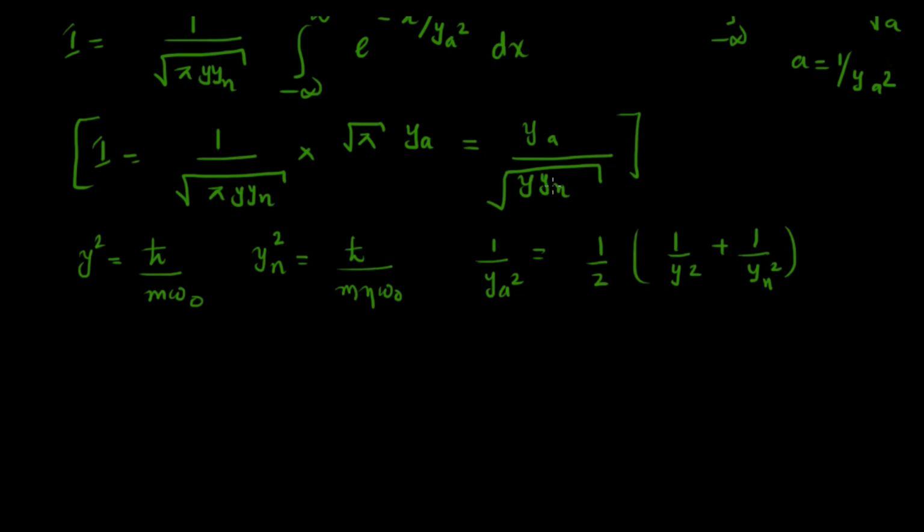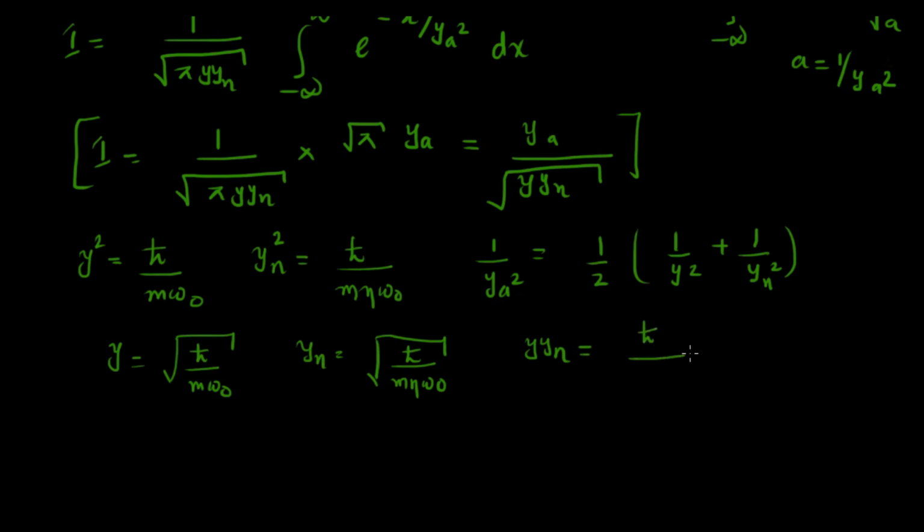First we'll do with yn. y is square root of h bar by m omega naught, and yn is square root of h bar by m eta omega naught, that is yn will be h bar divided by m omega naught, and in the brackets you have 1 over square root of eta, right?